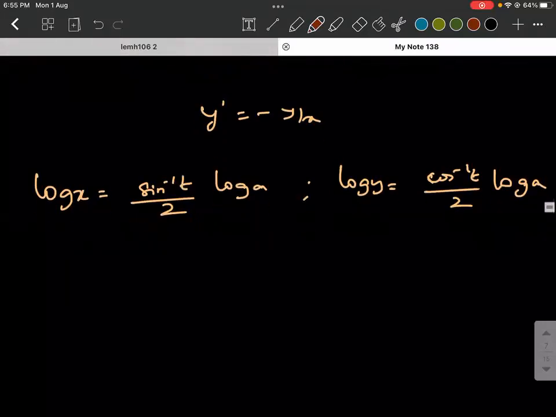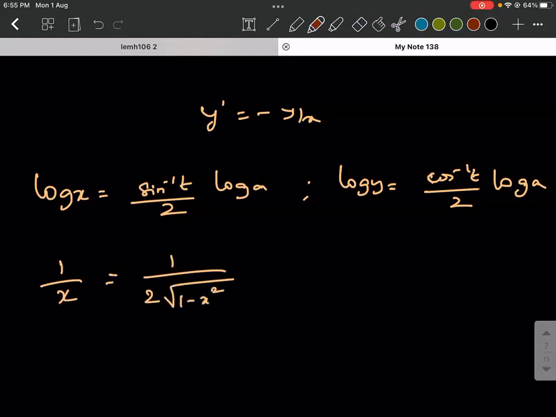Now I think you can differentiate it. 1 by x is equal to 1 by 2 root of 1 minus t square into log a into dt divided by dx.